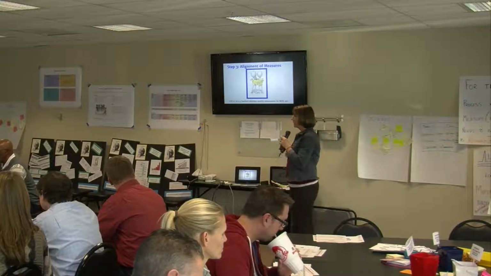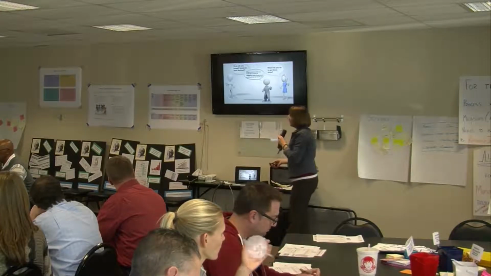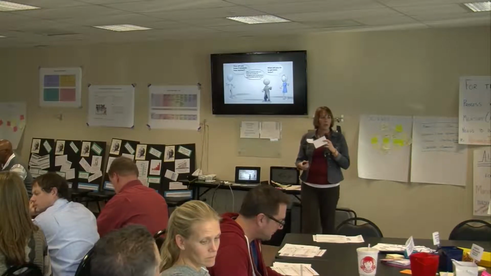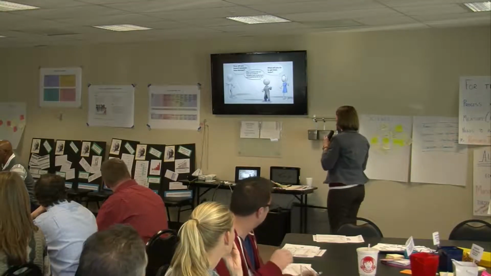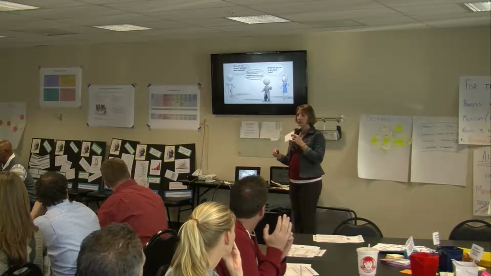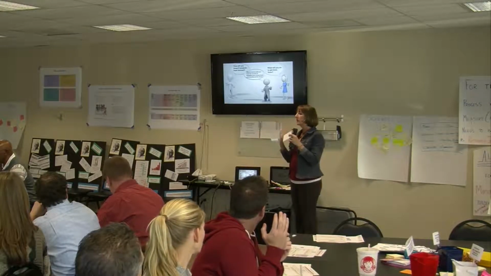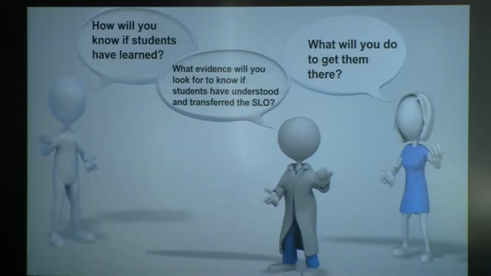The questions we want to ask ourselves: how will we know if students have learned? What will I do as a teacher to get them there? What evidence do I need, and which evidence will I accept to know that students have understood and transferred the learning in the way that we intended?